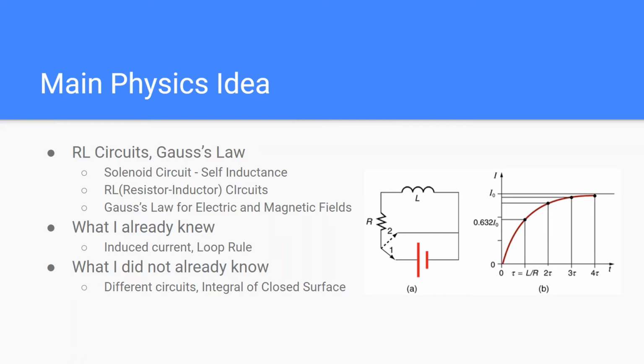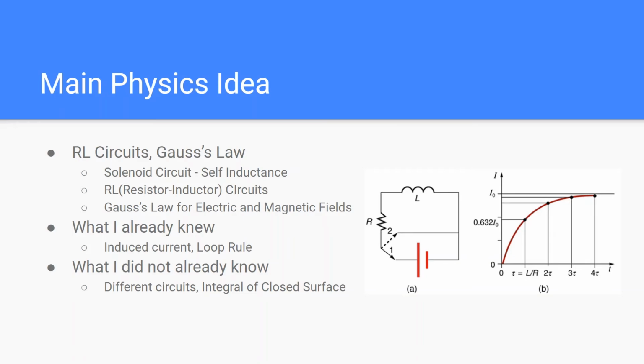And lastly, we looked at Gauss's law for electric and magnetic fields. For the electric field, the equation is the integral of E field times the normal vector times dA, and this is set equal to the charge enclosed inside the closed surface over epsilon sub 0, which is basically a constant.